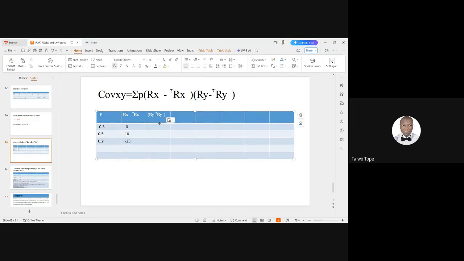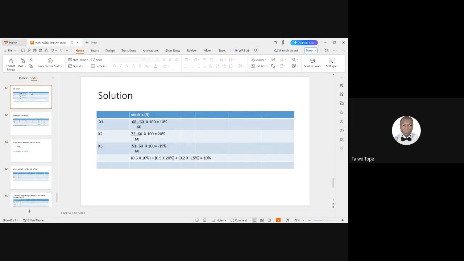So how are we going to determine our expected return and standard deviation for security Y? What are we going to do? Security Y, just follow this approach here.